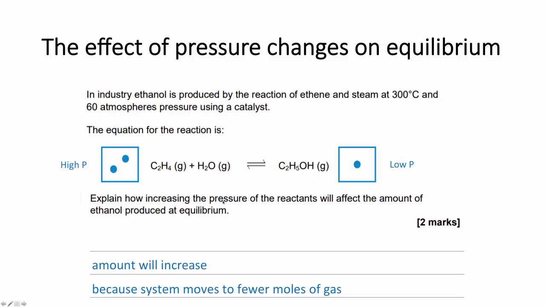So by increasing the pressure, the equilibrium will oppose the change and favour the forward reaction, the side with the least moles of gas, and therefore the amount of ethanol will increase because the system moves to the side with the fewer moles of gas.